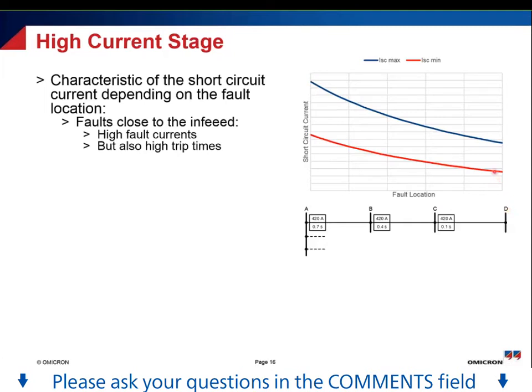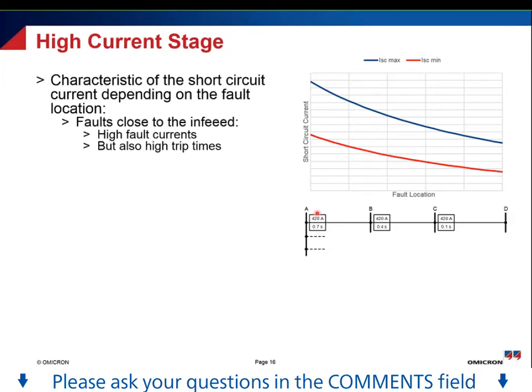So that will lead to a problem. If we have a look at the trip times here, faults that are between A and B will be disconnected with the longest trip time in this whole feeder. So in this case, 0.7 seconds is the longest of my trip times. This can be even longer if I have more feeders with more segments in between.